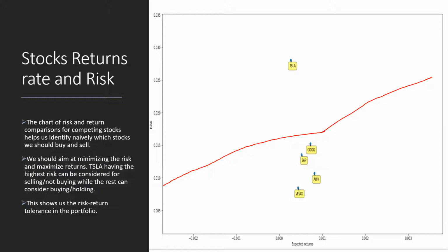And this is the importance of a risk return tolerance in the portfolio, to see where your stocks lie and what you can do with them, whether you want to hold them, whether you want to sell them, whether you want to go into buying or what. And this is just a preliminary understanding, but it gives you a very good picture nonetheless.